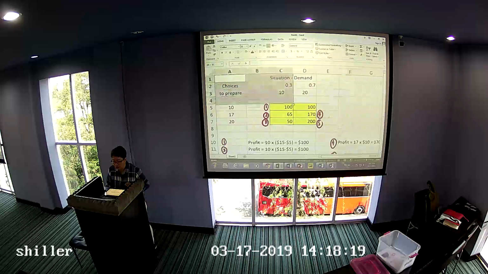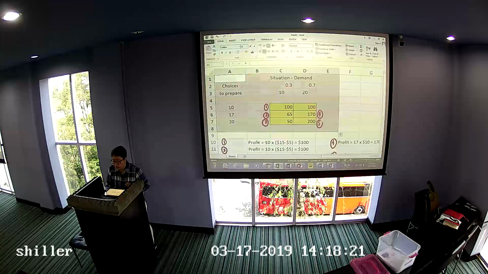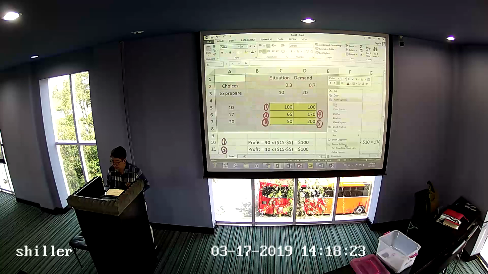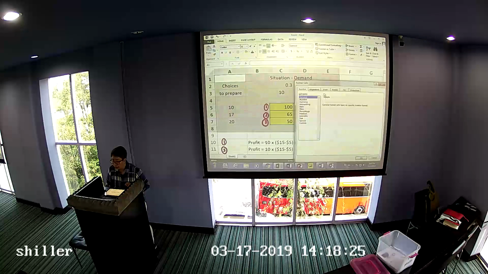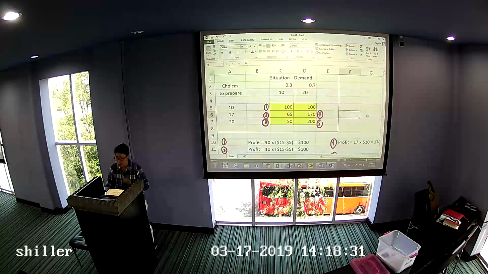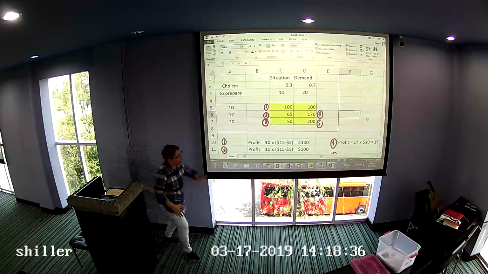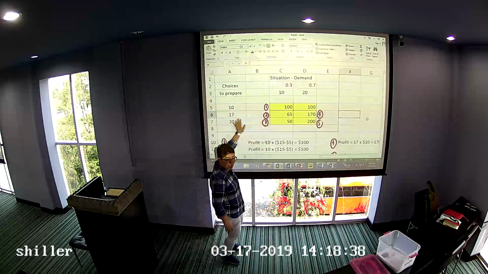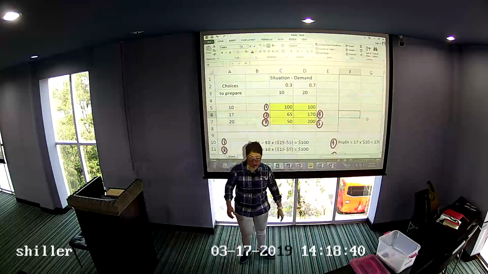You have, what do you call this again? We call it our payoff table. This is your payoff table. You remember, the payoff table has the profit, has your choices, and your situation.